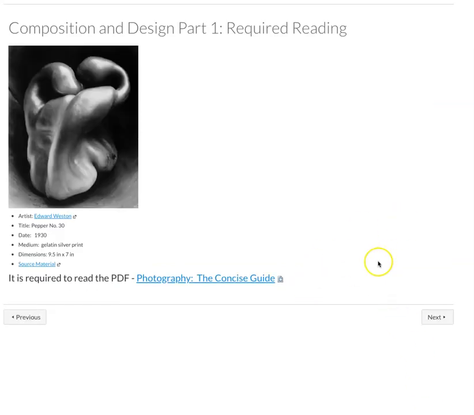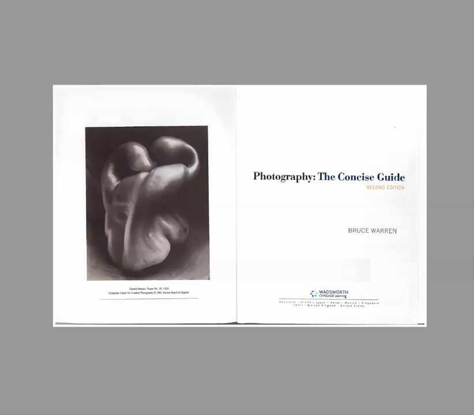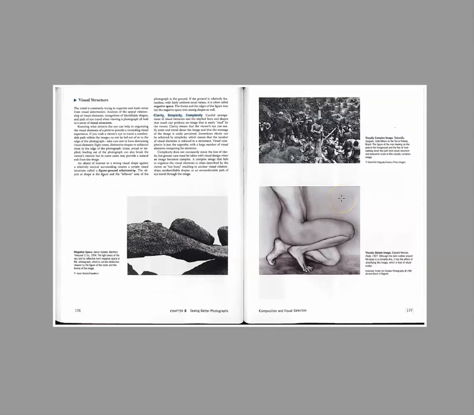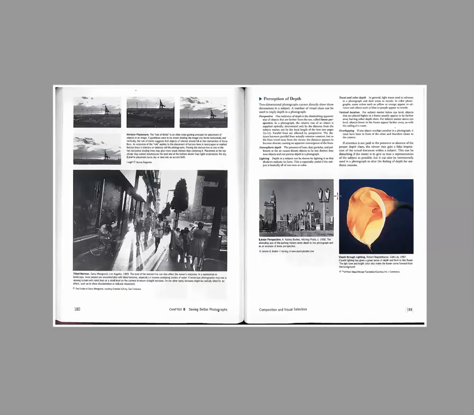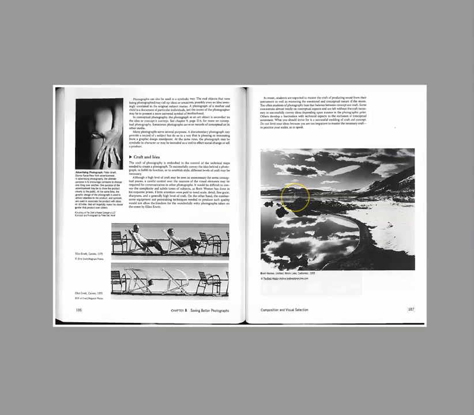The required reading for this learning module is a great PDF that you're going to want to download and then just navigate through. There's a lot of pictures, again, more photographers to get influenced by, but really great information about perception of depth, and all sorts of ideas to consider when you're making your photographs.